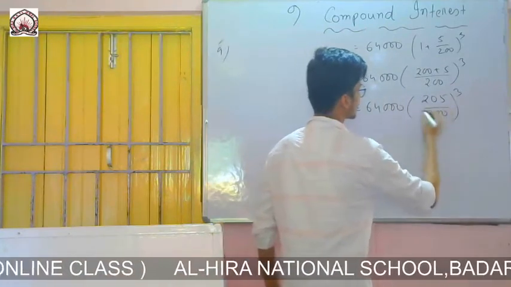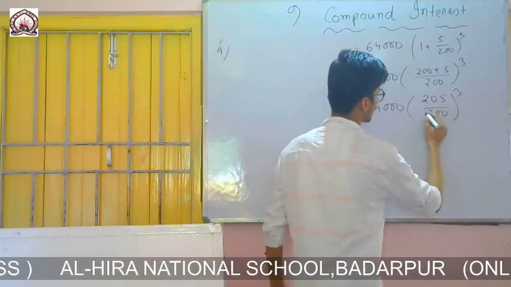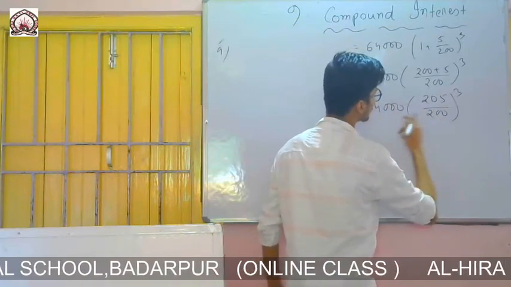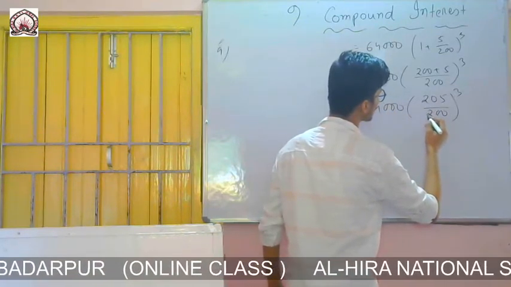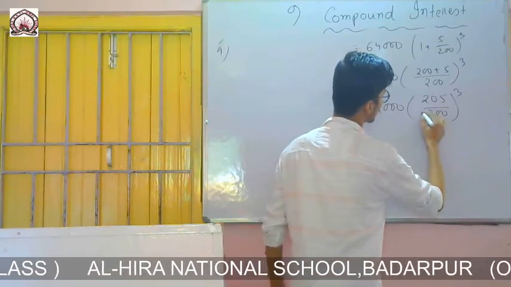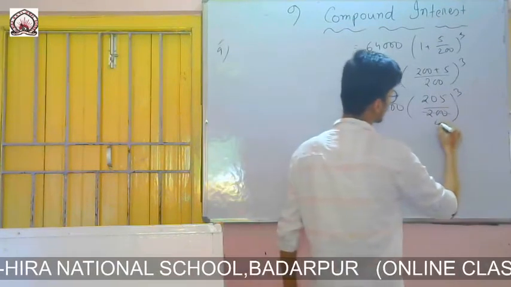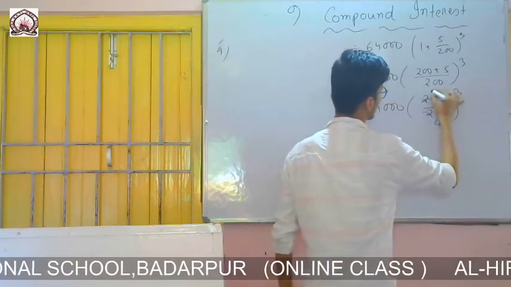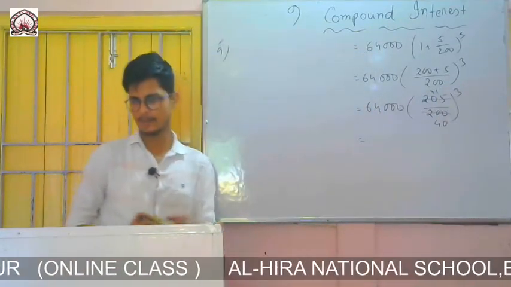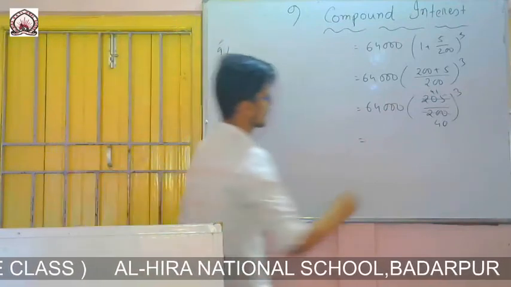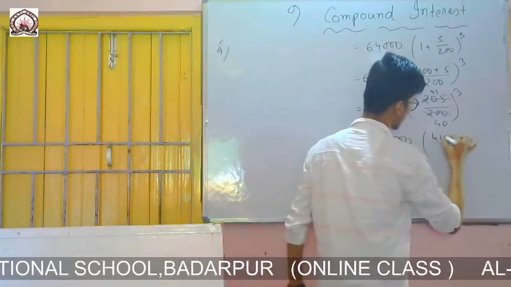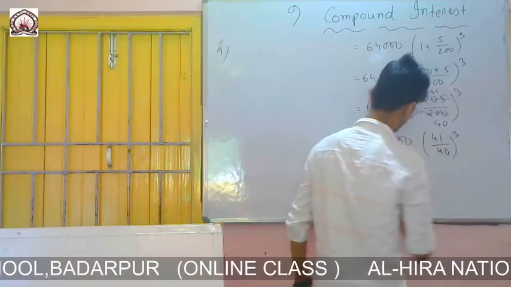This one I can cancel: 5 fours are 20, and 5 fours are 20, and 1 is 41. So 41/40. 64,000 into 41 by 40, whole thing cube.